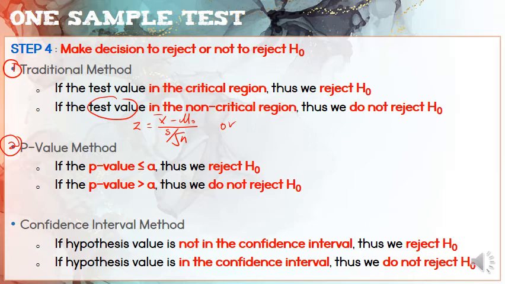If the P-value is greater than your alpha value, we do not reject H null. And for the third method, confidence interval method, if the hypothesized value is not in the confidence interval, kita reject. If the hypothesized value is in the confidence interval, thus we do not reject. So secara teorinya, inilah dia. Lepas ni saya tunjuk ke awak macam mana sebenarnya nak decide.